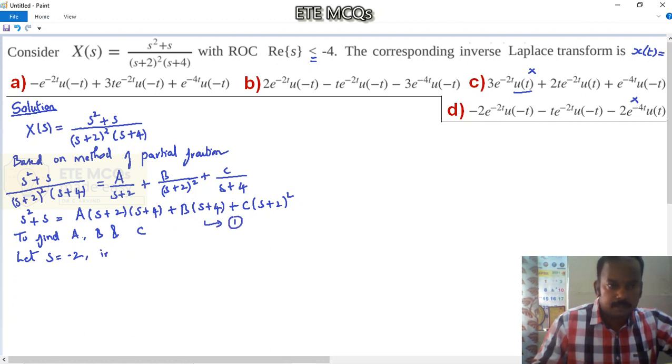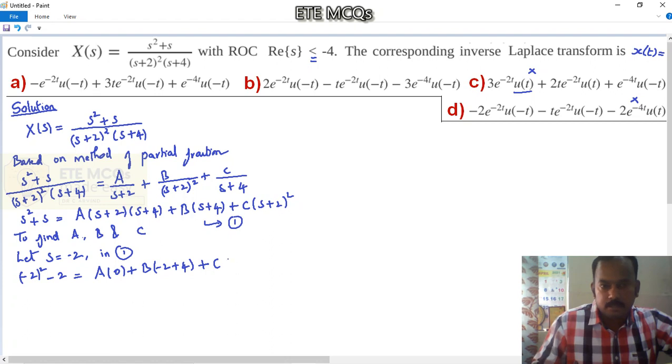Let s is equal to minus 2 in 1, so that you get minus 2 the whole squared minus 2, which is equal to A into (minus 2 plus 2), this term becomes 0, plus B into (minus 2 plus 4), plus again C into (minus 2 plus 2) the whole squared, which is 0 squared.